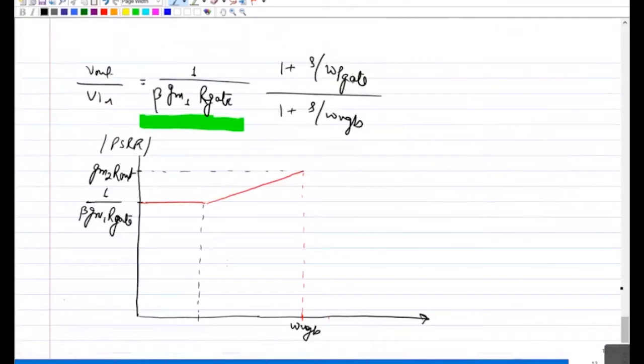Because your feedback is completely broken after UGB and it will peak at GM2 R out, that is the maximum gain, because the first stage has no significance as your feedback is almost broken after UGB. So then whatever portion you are getting at the output from the input signal will be contributed only by your second stage, and second stage gain is nothing but GM2 R out. Which means it will get amplified actually.